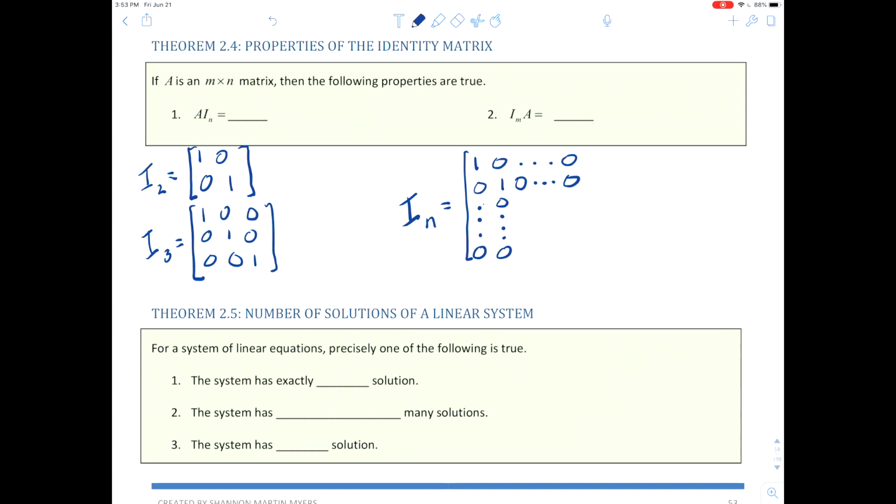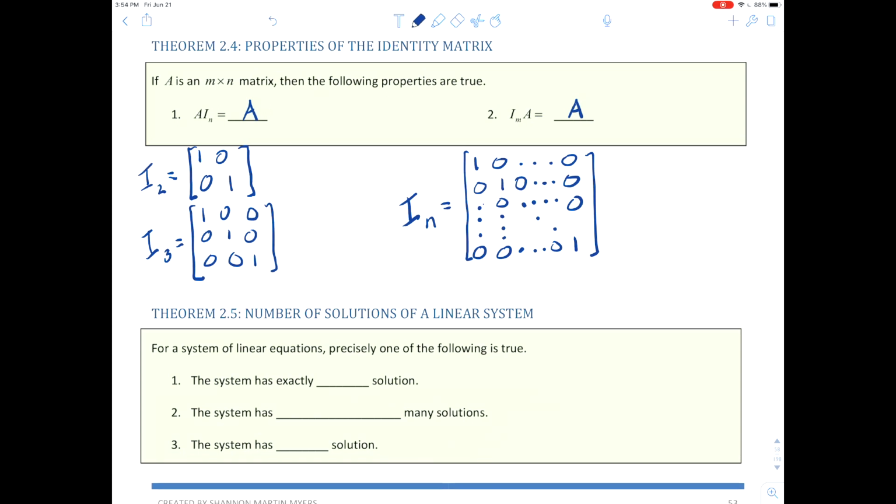And these ones are going to go on all the way down to the corner, and these would go as zeros until you're right before the 1. Sorry, these are kind of big dots. Cool? All right, so it turns out that A times IN is equal to A, and IM times A is equal to A. And the reason the subscript is different is because of the order of the multiplication.